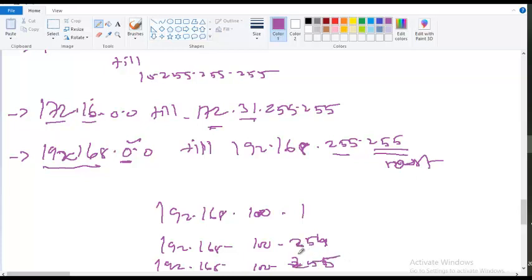So here we see 100 is one of the networks. In that network, you've got 255 IPs. So you have the 0th network, first, second, third, fourth, fifth, 100, 101, 200, up to 255.